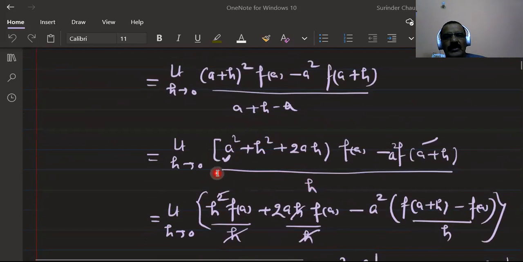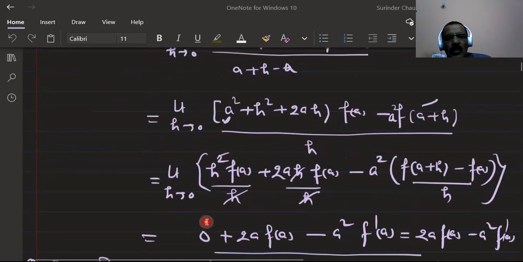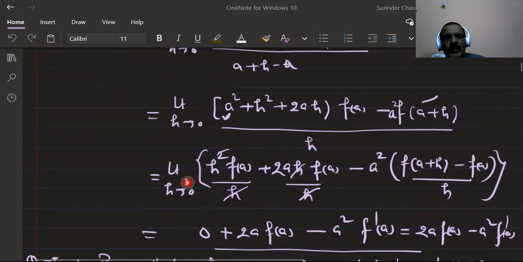After simplification, squaring and multiplying them and dividing by h, we get the limit as h approaches 0 of (h² f(a) + 2ah f(a)) / h minus a² times (f(a + h) − f(a)) / h.